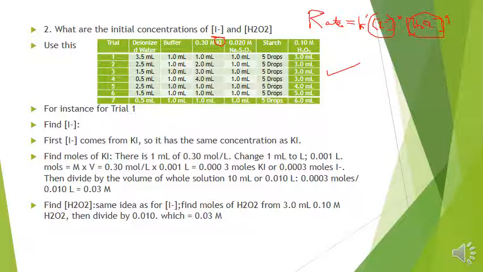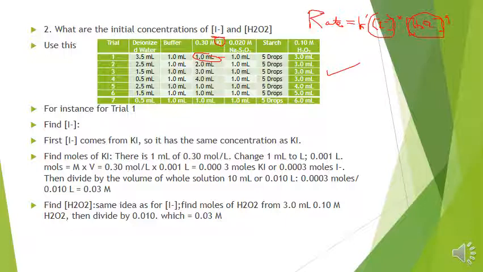And here's the H2O2. So let's do the concentration of I minus for trial 1. Okay, so we're going to use the 1 mL of the 0.3 molar.